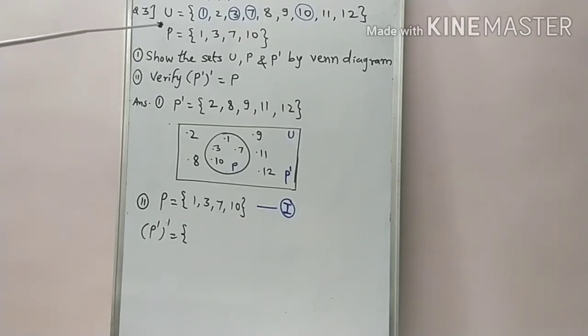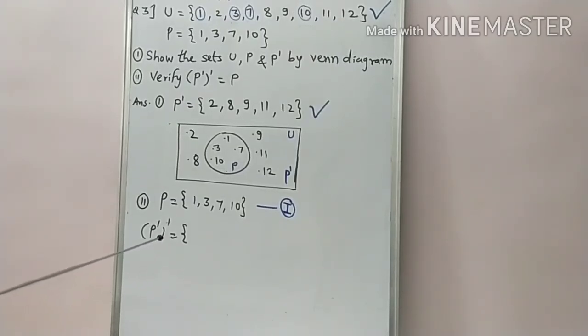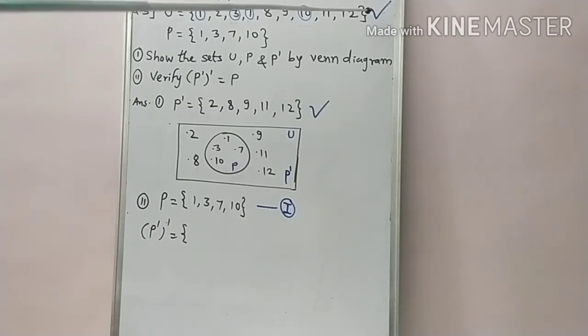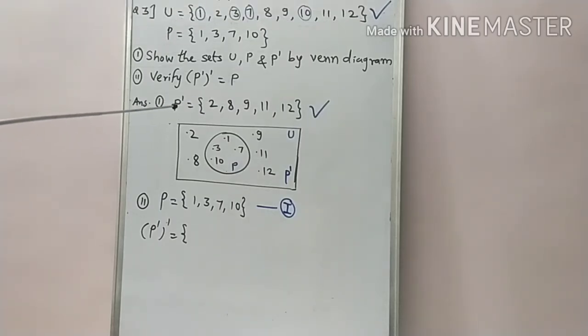Now we observe the universal set and the complement of P set: the elements in U but not in P dash.